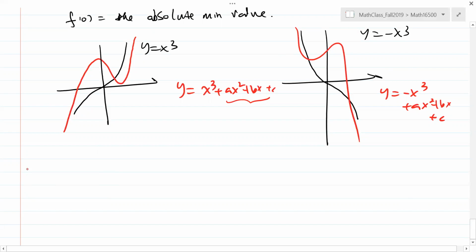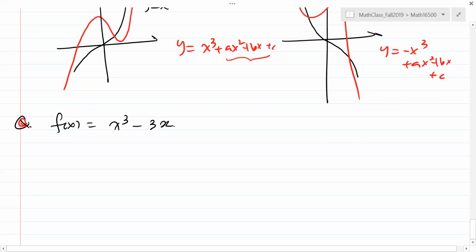But if the disturbance is small, maybe minus 3x, for example, with no x squared in the function, just x. I know the graph. How does it look? The graph looks like that, possibly, right?